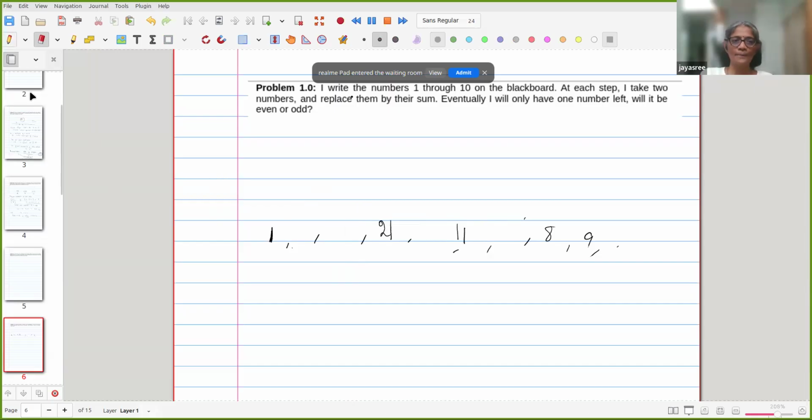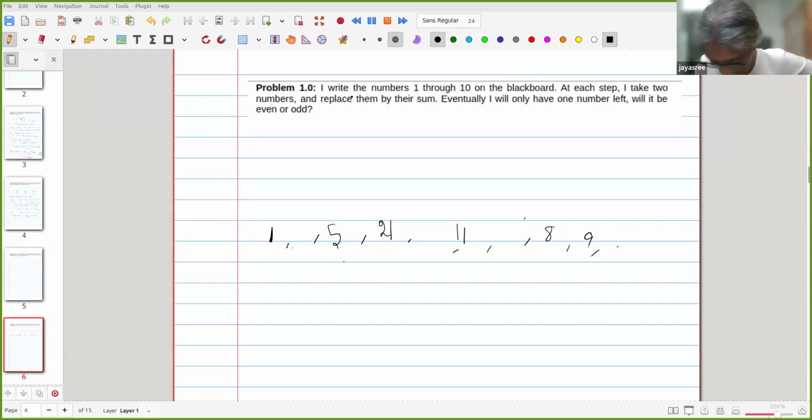Ma'am, I see that in these 10 numbers, the sum of every 2 consecutive numbers is an odd sum. Now what will happen if I go on doing this? Ma'am, it will come to 55, because 1 to 10 added together comes to 55, which is odd.